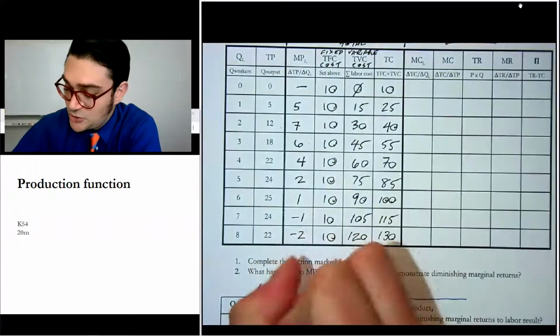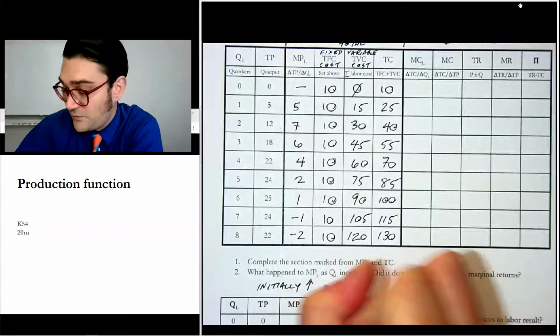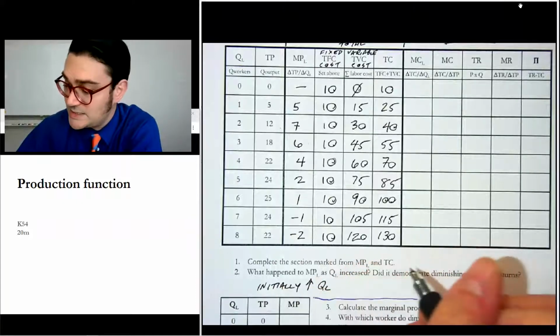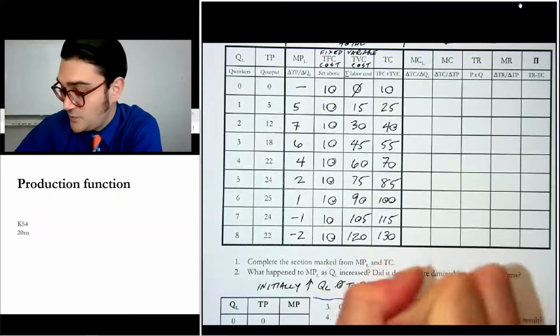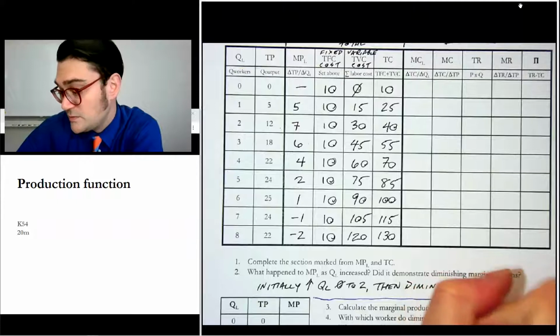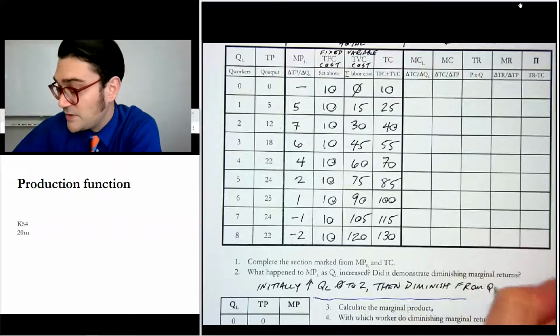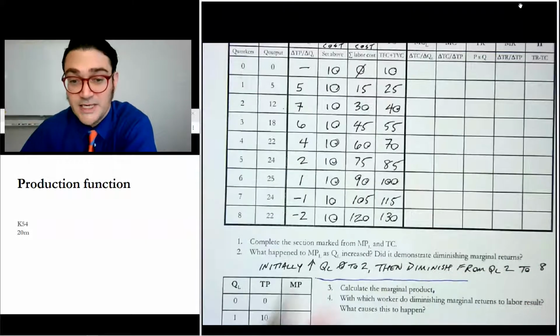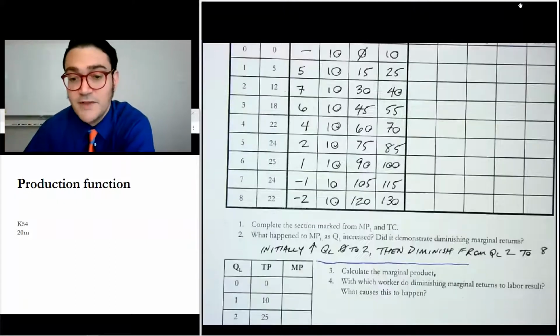So initially it increases from quantity of labor 0 to 2, then diminishes from quantity of labor 2 to 8. And in fact, it goes negative. That would still be diminishing. It's still getting smaller, it's just getting negative at that point.